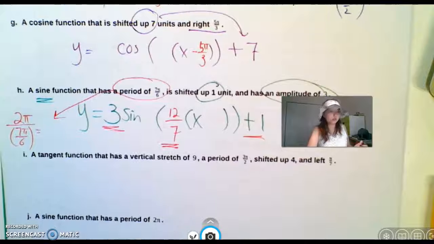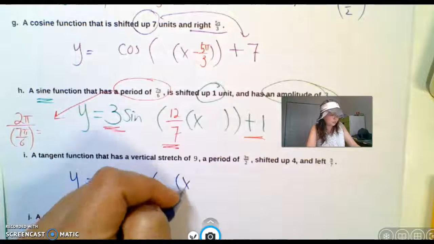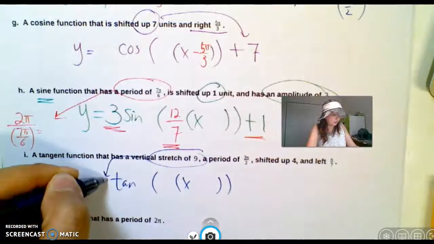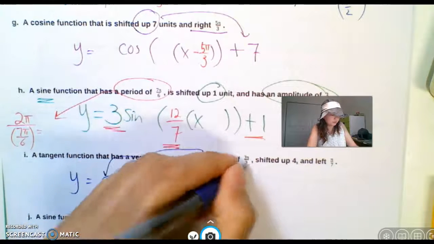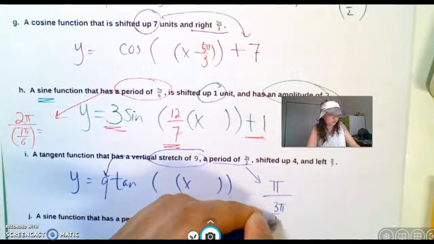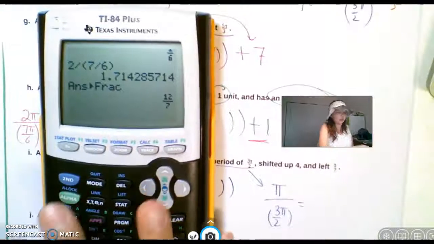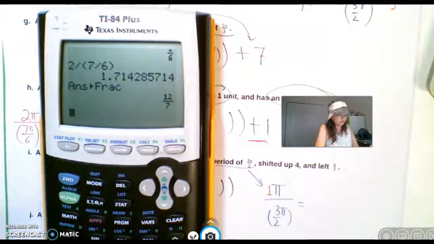Last one? Okay, we'll call I the last one. Y equals tangent, open, open, x, close, close. Stretch of 9, so 9 goes right there. Period of 2 pi over 3, so it'd be pi over 2 pi over 3. If you don't get to use calculator notes, I'd be worried because you have so many little things to memorize.